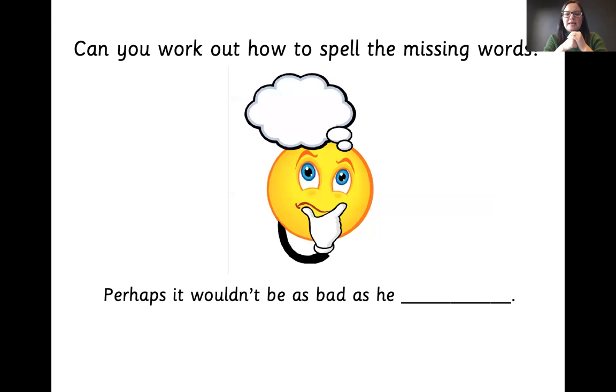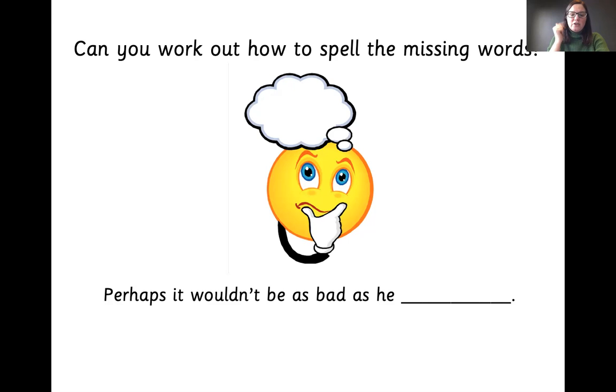Perhaps it wouldn't be as bad as he thought. So we've got the or sound here, thought. What letters are we going to use? How are we going to spell that?